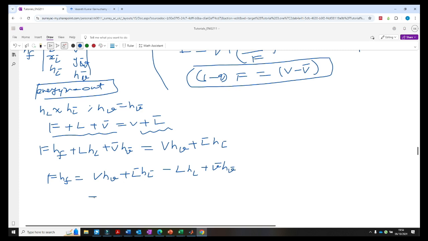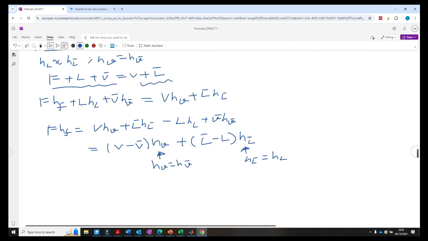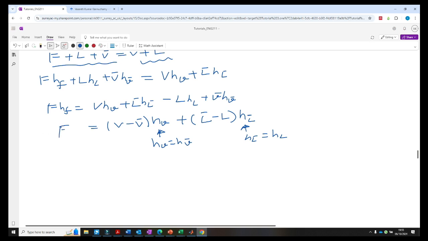Then we can simplify this equation: something like V minus V dash into HV, because we assumed HV is equal to HV dash, plus L dash minus L into HL dash, because we assume HL dash is equal to HL, which is a reasonable assumption, to be honest. And then FHF.